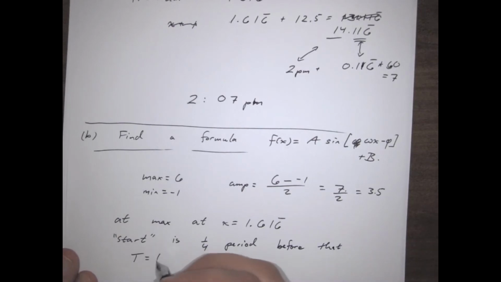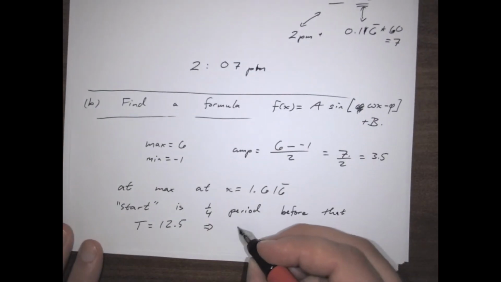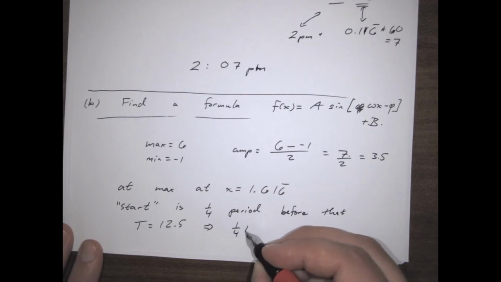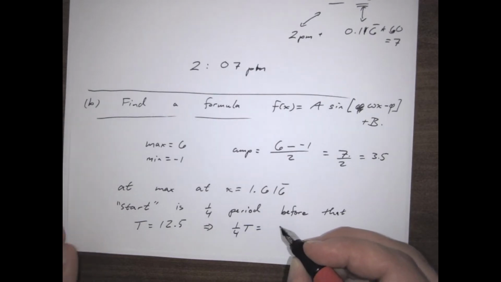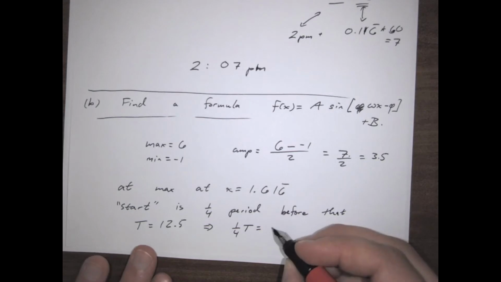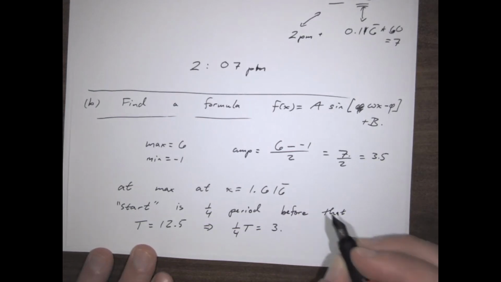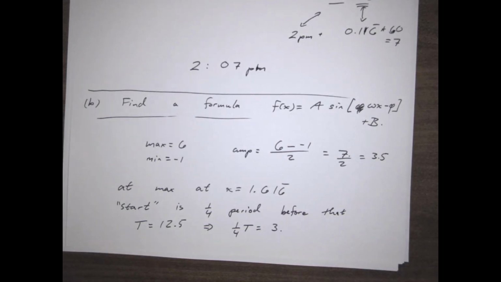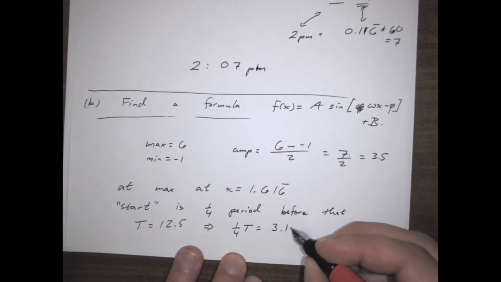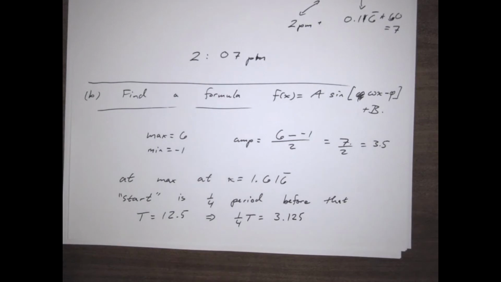And T, we are told, is 12.5, which implies that the quarter period would be 12.5 divided by 4, which would be 3.125. Yep, 3.125.